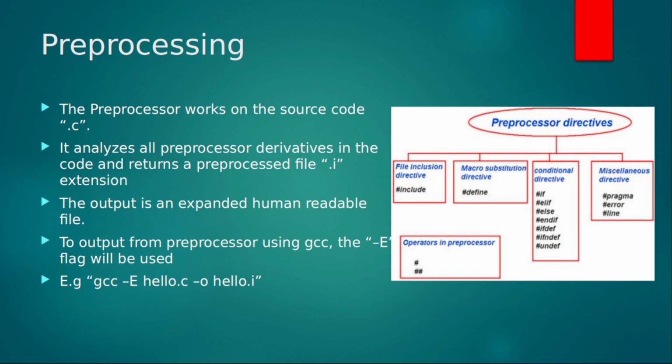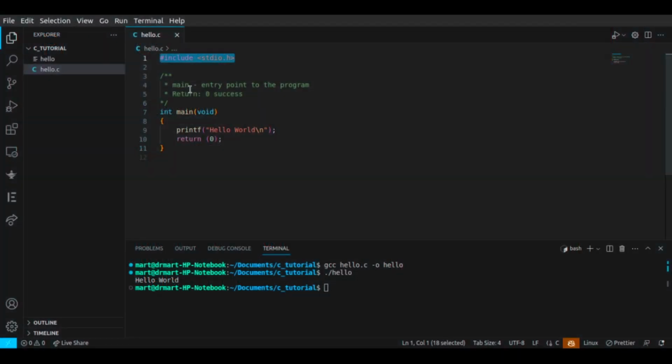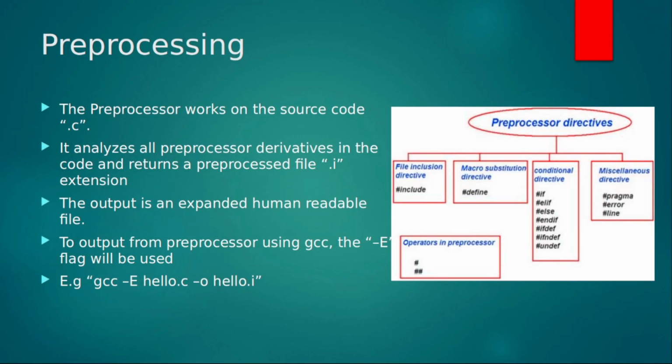This include is a preprocessor directive, and that preprocessor directive is what the preprocessor is going to deal with in this program right here, and it's going to expand it and give us an expanded code.